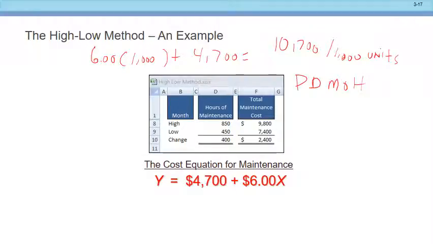So throughout 2016, I would use what rate? 10,700 divided by 1,000 is 10.7. So I'm going to use $10.70 per machine hour, per direct labor hour, whatever my driver is, and I'll do that throughout the year as I carry on and manufacture my product, right? Because I have to apply those overhead items.